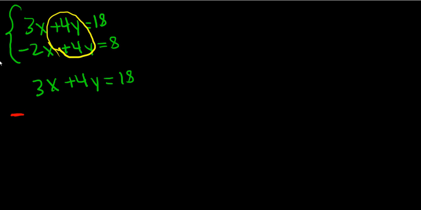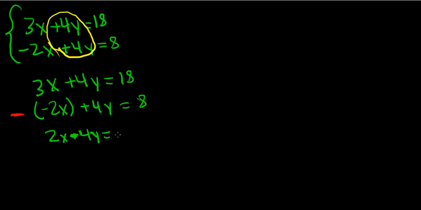So when we multiply every term in the bottom row by negative, we get a positive 2x. We would get a negative 4y, and then we would get a negative 8. Once we multiply all the terms in the bottom row by a negative, we can see that the two 4y's will eventually cancel out.